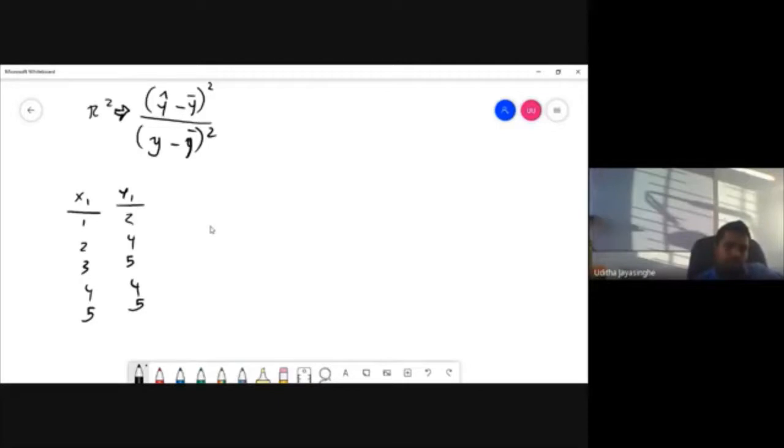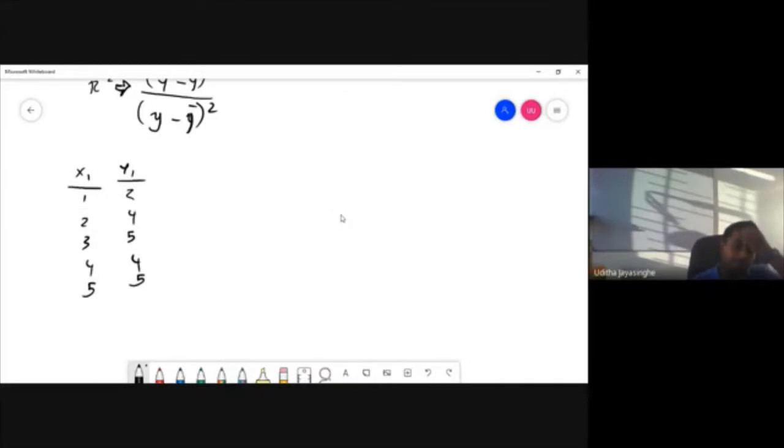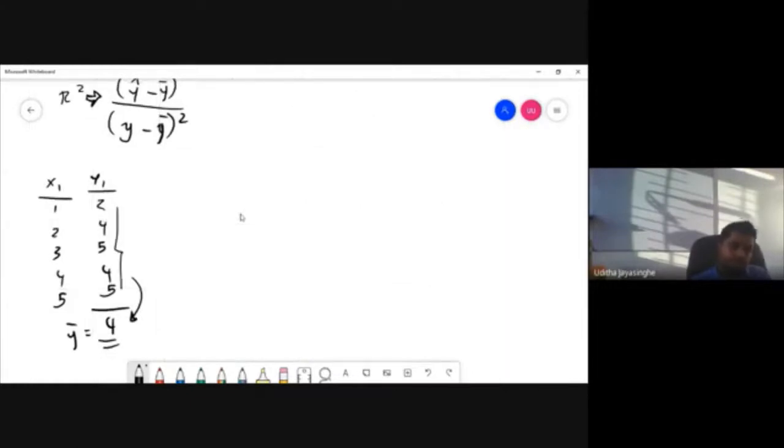I think this is an easy one. We just need the y bar here. We know the y bar is 4. Add all these numbers, divide by 5. That's how we calculate y bar. So we can calculate the individual points. So first we can calculate the y minus y bar.